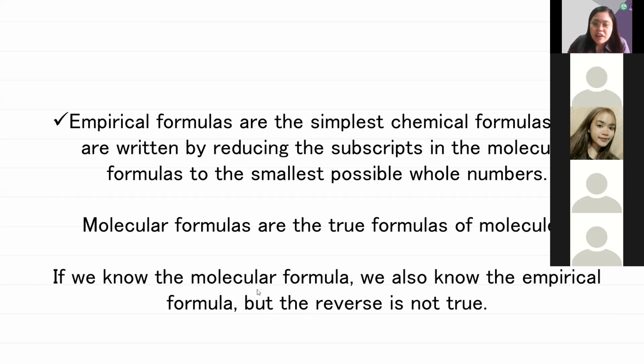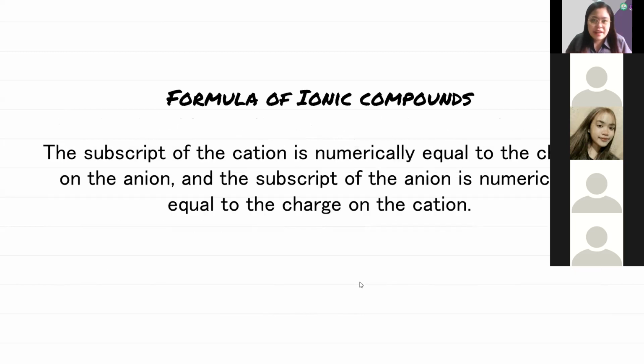So, class, if we know the molecular formula of our substance, we can also know the empirical formula, pero not the other way around. If empirical formula, we cannot actually know the molecular formula kasi reduced formula si empirical. Okay?